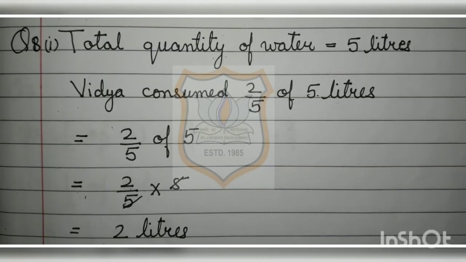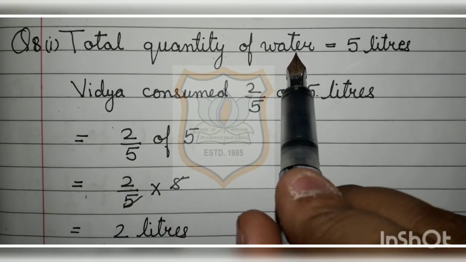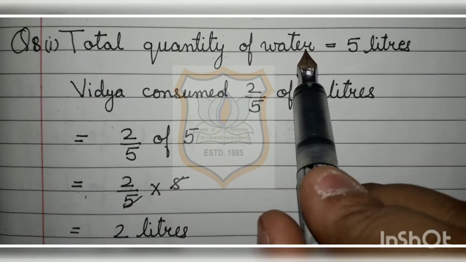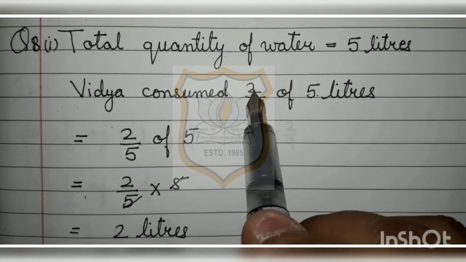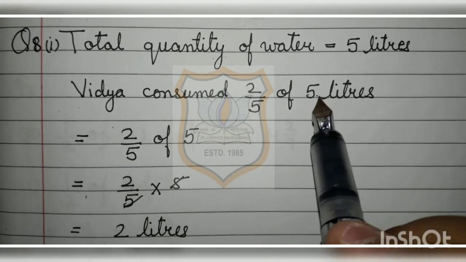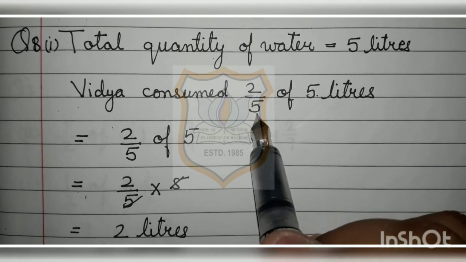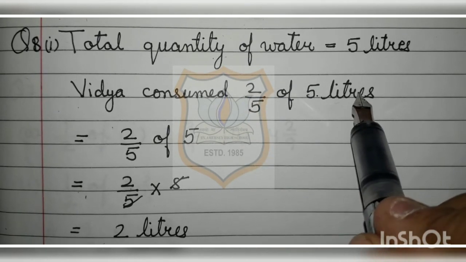Students, we will solve question number 8 of exercise 2.2. First part of question number 8 is how much water did Vidya drink? So total quantity of water that was given by her mother for the picnic is 5 liters. And Vidya consumed 2 upon 5 part of that 5 liters. That is 2 upon 5 of 5 liters.